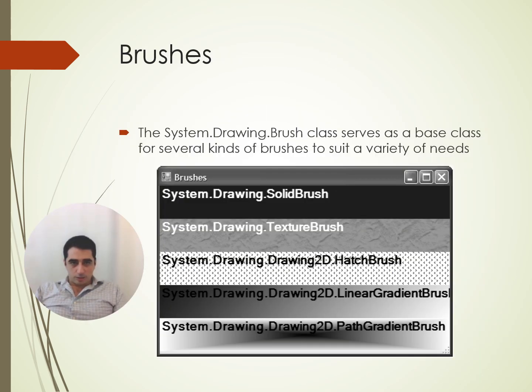Next, I'm going to talk about brushes. Brushes are used to fill a drawn shape with a certain color or with a certain texture, or basically using a linear gradient pattern or a path gradient pattern.